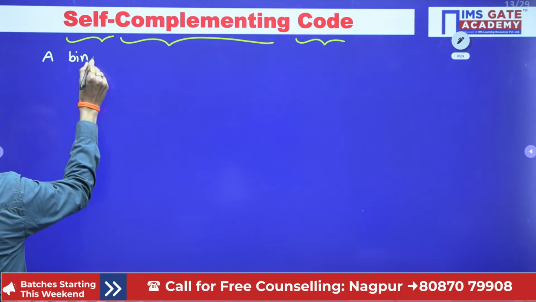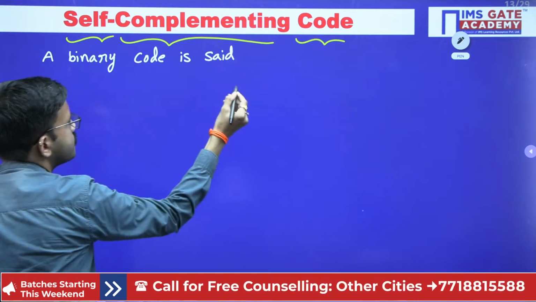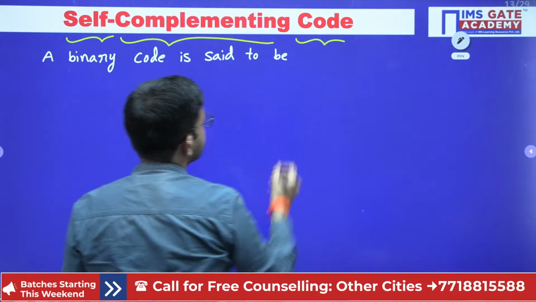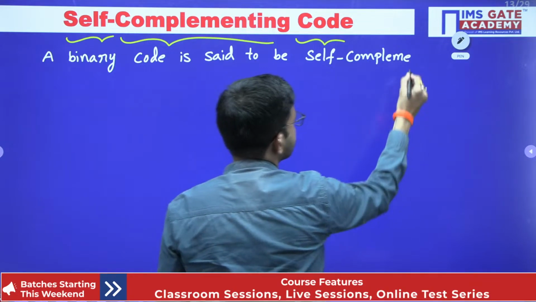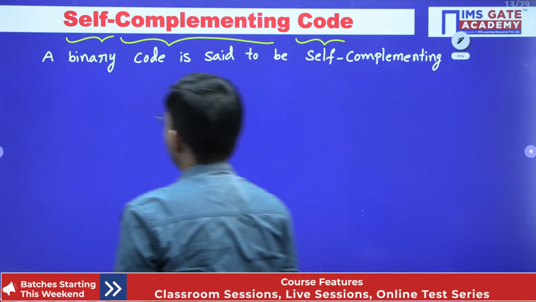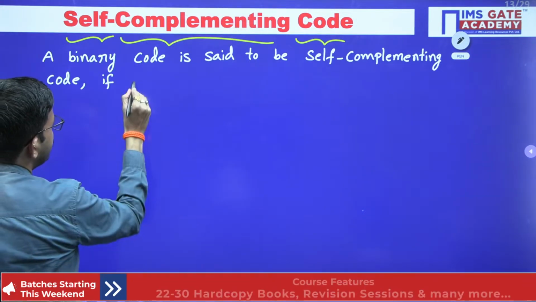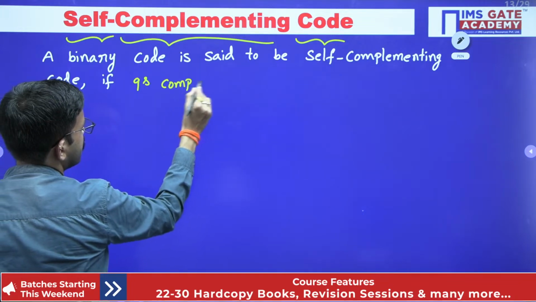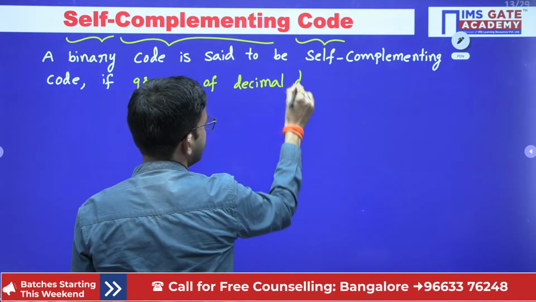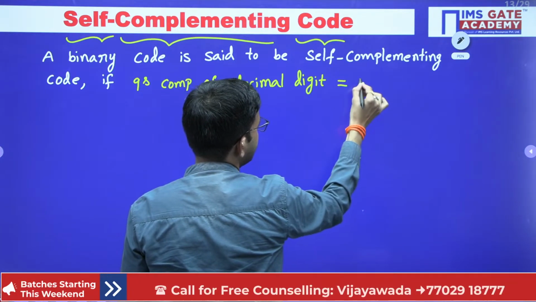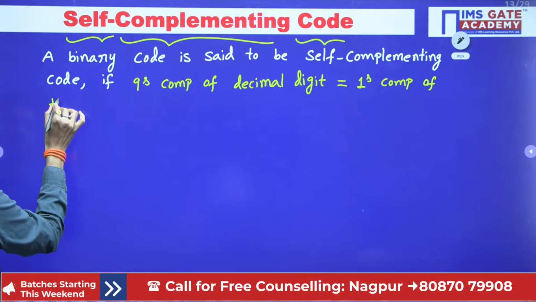A binary code is said to be a self-complementing code if the 9's complement of a decimal digit is equal to the 1's complement of the code corresponding to it.